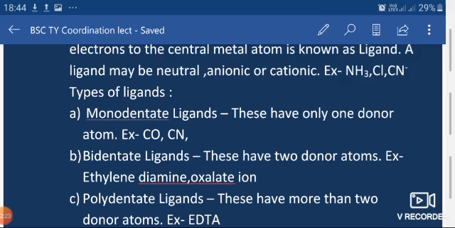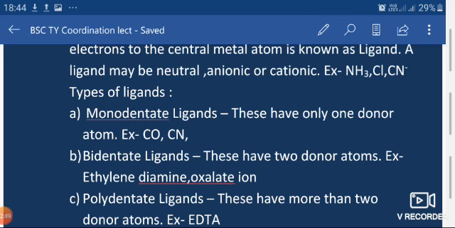These have only one donor atom, so they can donate through only one atom. Examples are carbon monoxide, cyanide ion, NH3, OH group, H2O. All these are monodentate ligands.